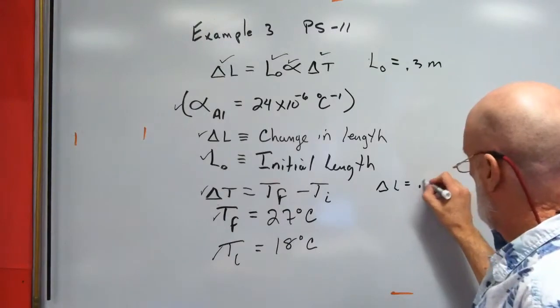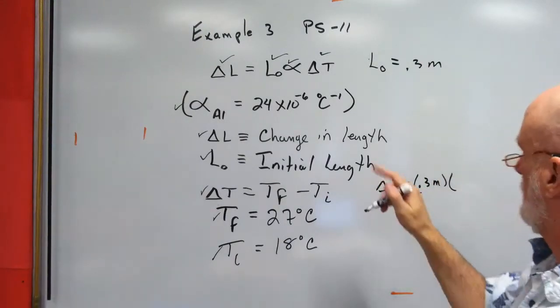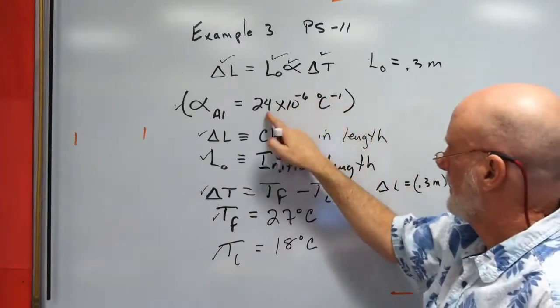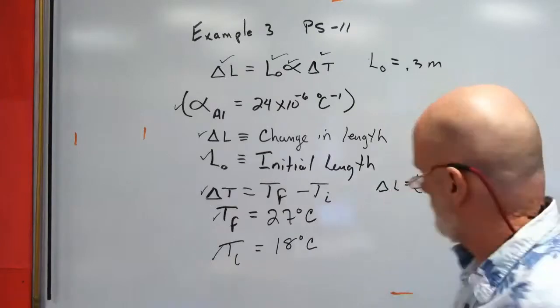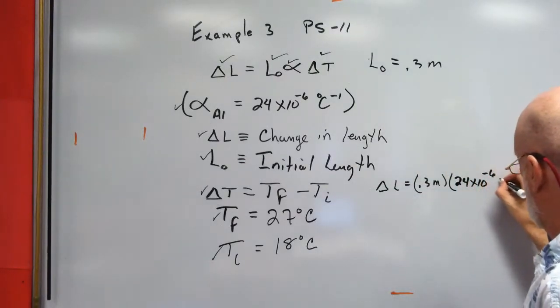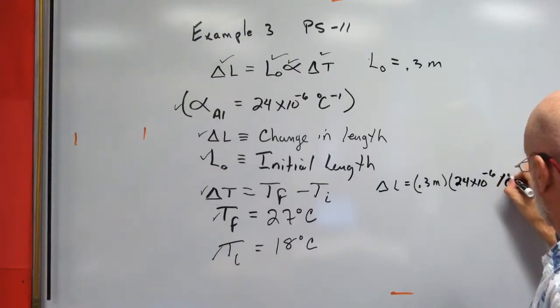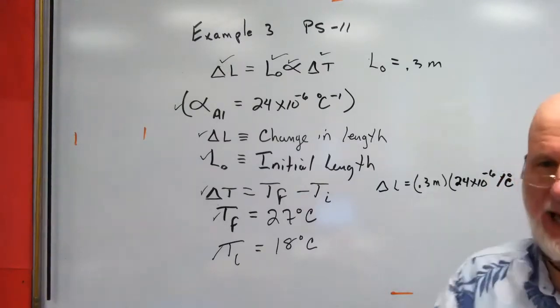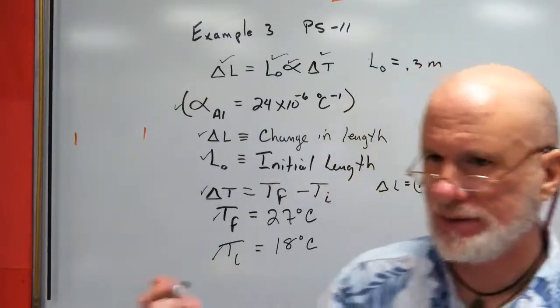So it's going to be 0.3 meters times 24 times 10 to the negative 6th per degree Celsius. If you don't like that to the negative 1, you can just say per degree Celsius.